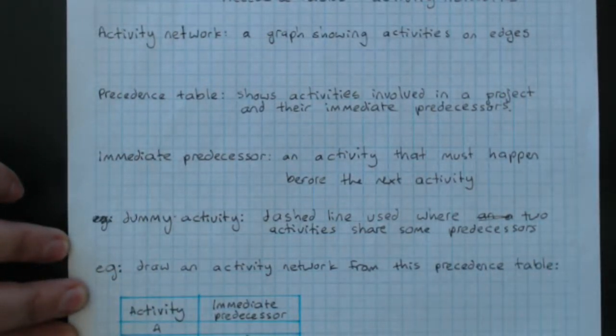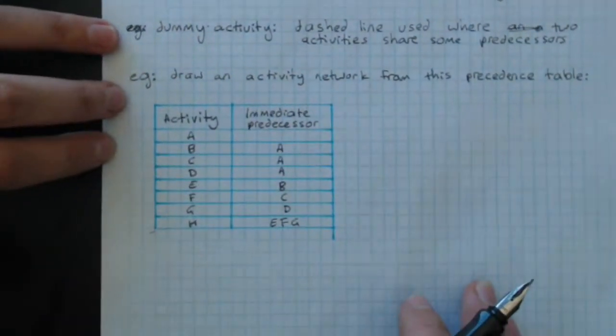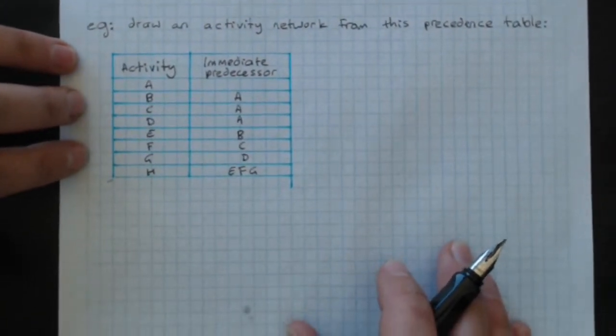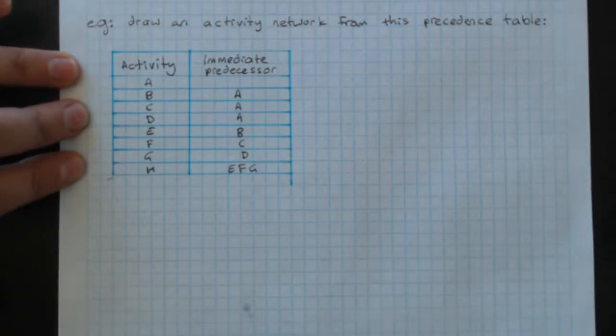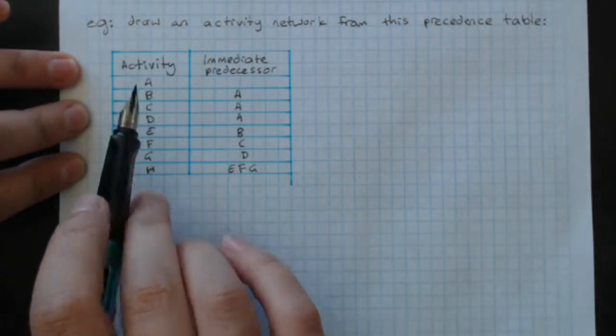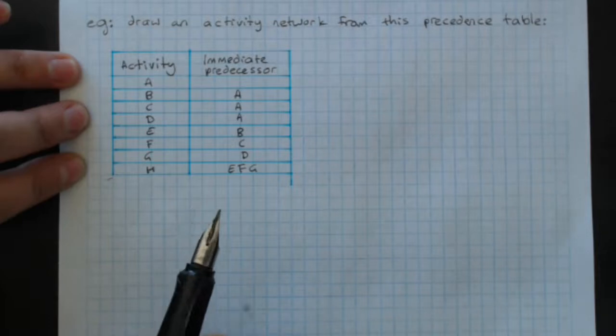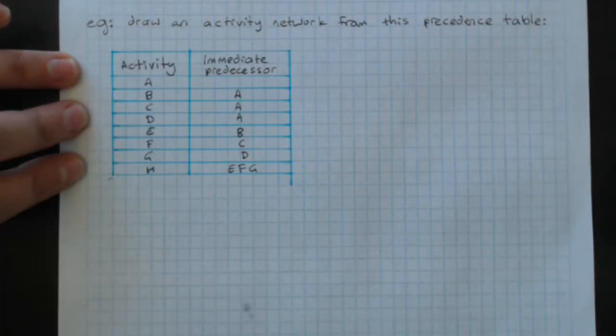So we need to be able to construct an activity network from a precedence table. Now you can work start to finish or finish to start. You might like to try doing a couple of different ways.